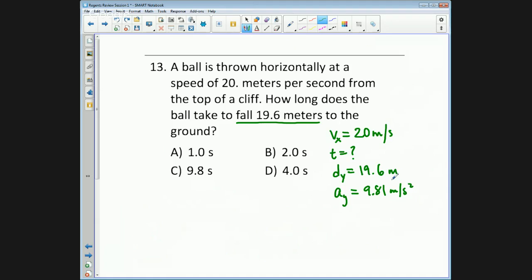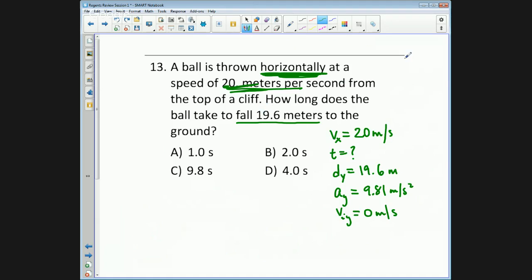And we also have the speed in the y direction initially, which is 0 meters per second. That's because the speed initially is only horizontal, which is 20 meters per second.